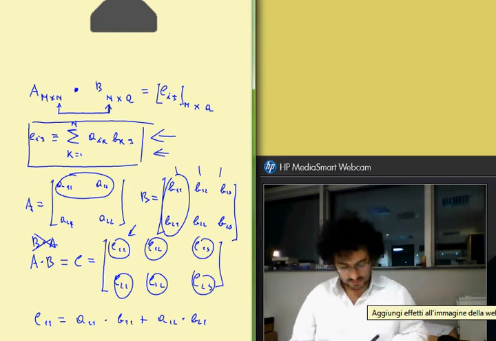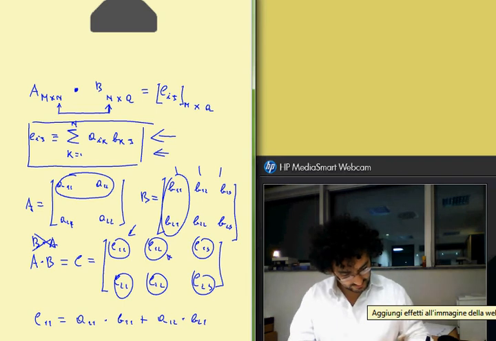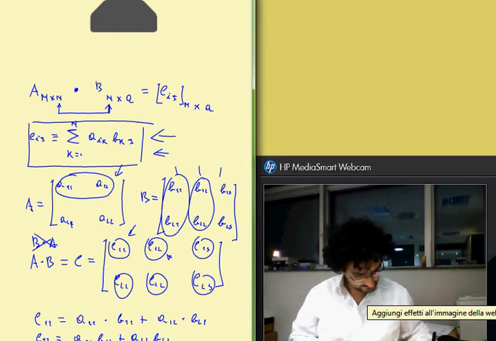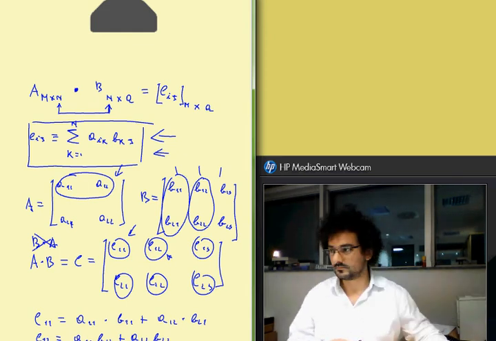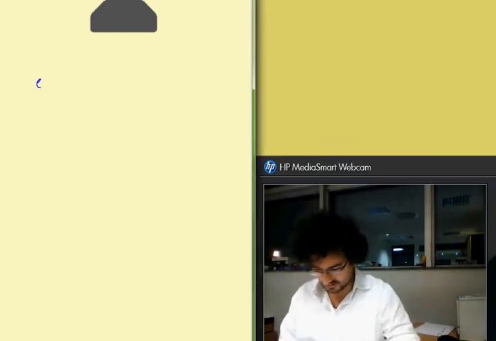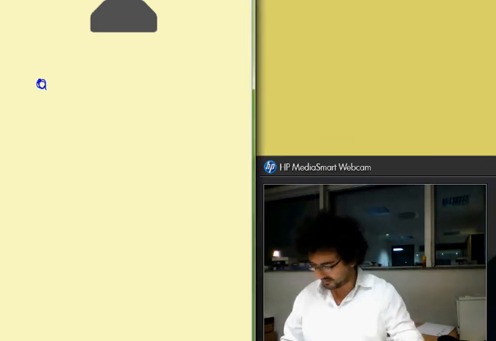Again, we can compute the second element C12, considering the first row and the second column. So C12 will be equal to A11 B12 plus A12 B22. It's better to write again the two matrices.